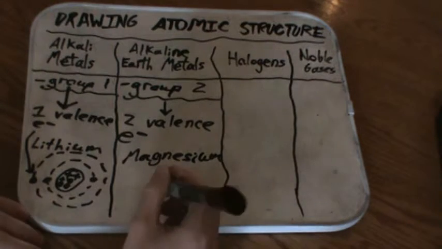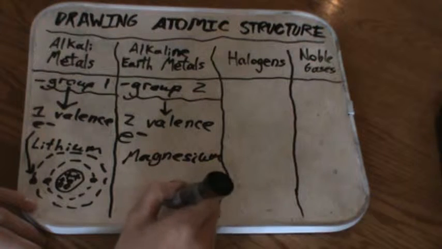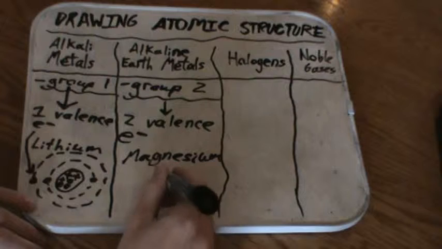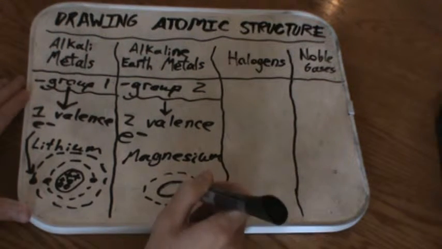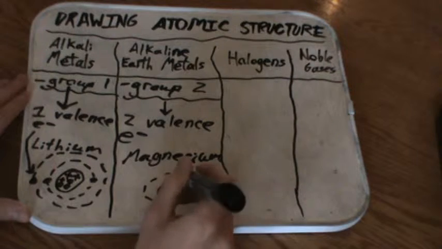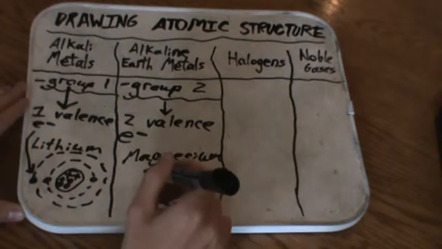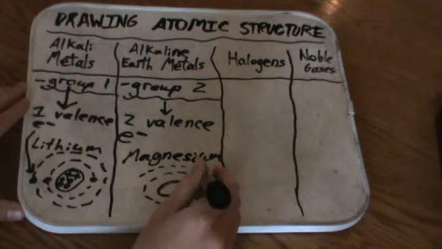Later we will diversify this perspective and make it more true. For now, I want you to think of the energy levels as circles that go around the nucleus. So magnesium is in the third period, which means it has 3 energy levels that contain electrons.